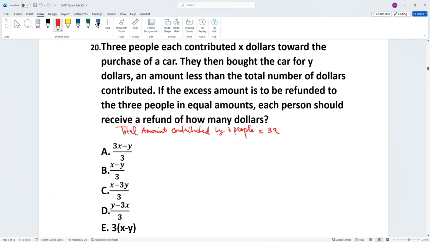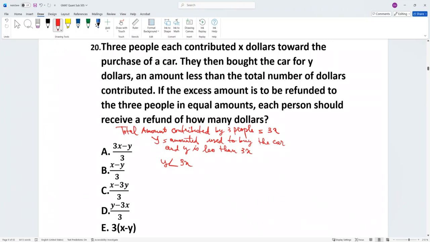Okay, y is the amount used to buy a car, and y is less than the total amount contributed, less than 3x. So y is less than 3x, like this.